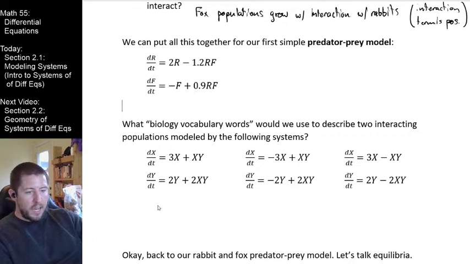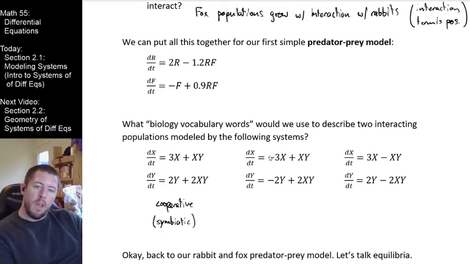It looks like this is a cooperative relationship between these two species, right? Or maybe symbiotic might be a good word right here, because the interaction is beneficial to both species. Both species benefited, grew from interacting with one another.